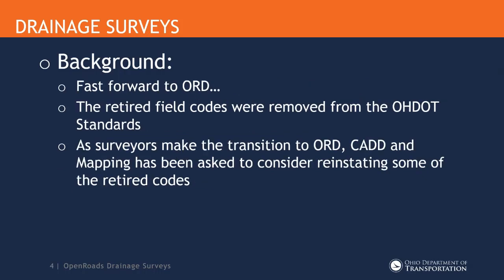So as we moved into ORD, those retired field codes were removed from the OhioDOT standards for ORD. As some of the surveying consultants and some ODOT surveyors are making the transition to ORD, they're finding those codes are gone and they hadn't adopted the new processes yet. So we've had a couple requests to consider reinstating some of those retired codes.